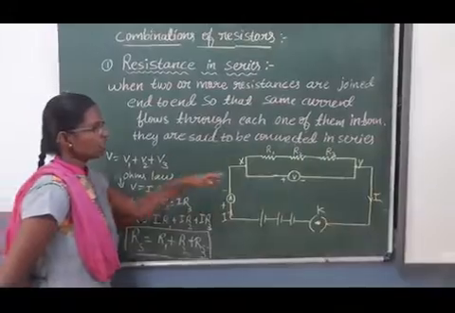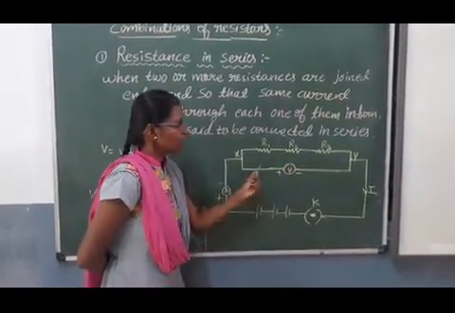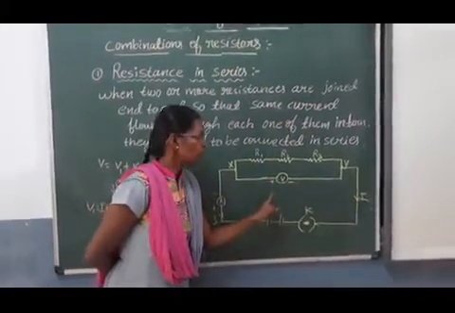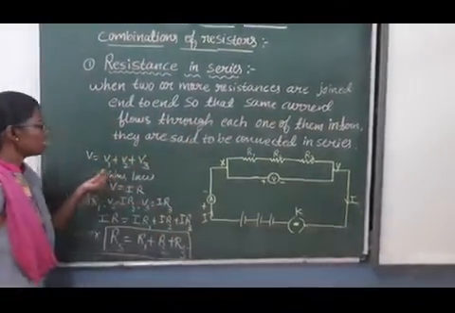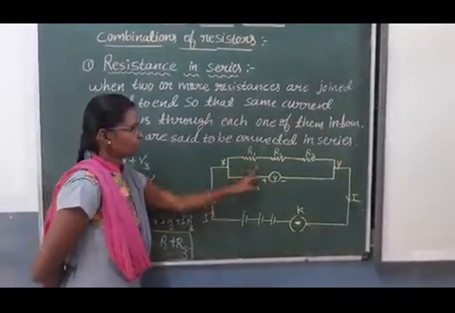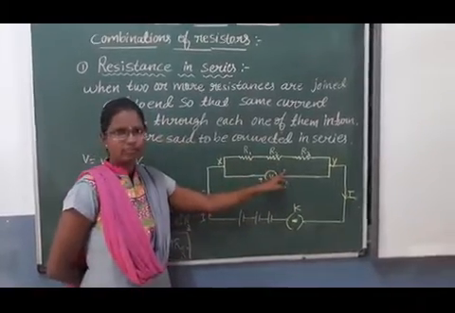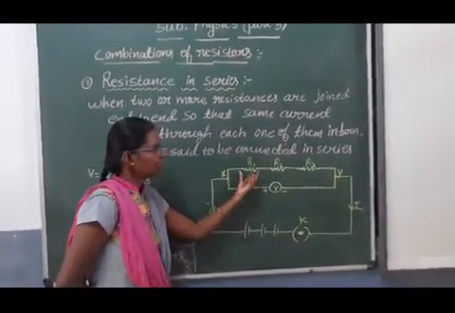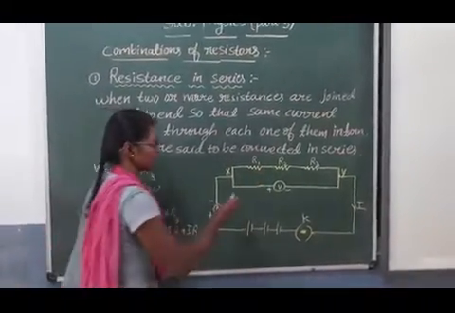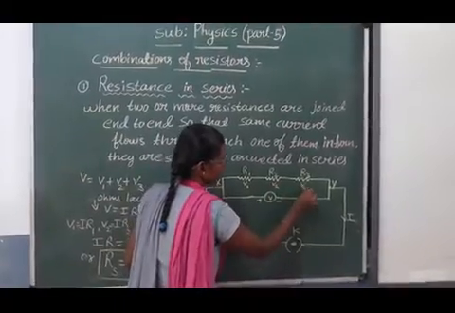Here, an important point you have to note: in series resistance, the total potential difference, nothing but the total voltage, is equal to the sum of the individual voltages. How many resistors are connected here? Three resistors. Each resistance has an individual potential difference, which I will call V1, V2, V3.